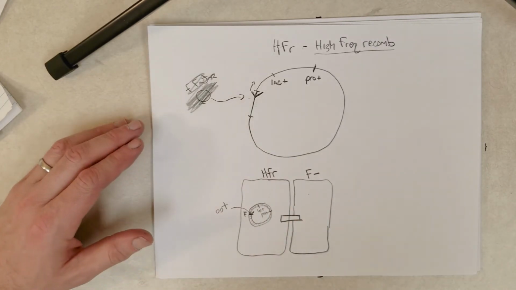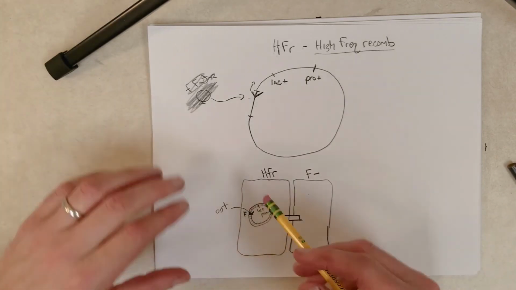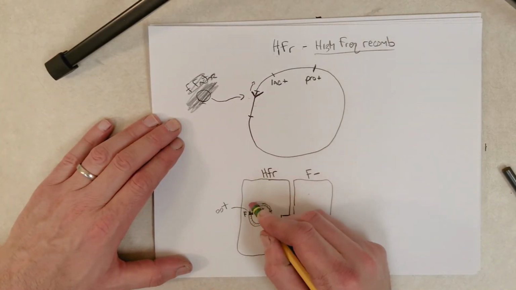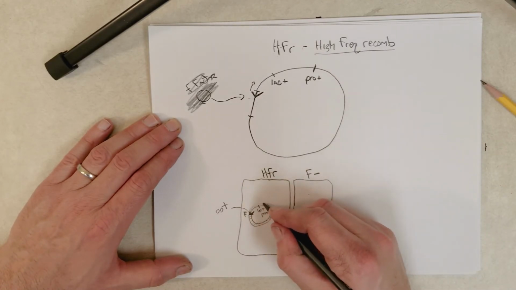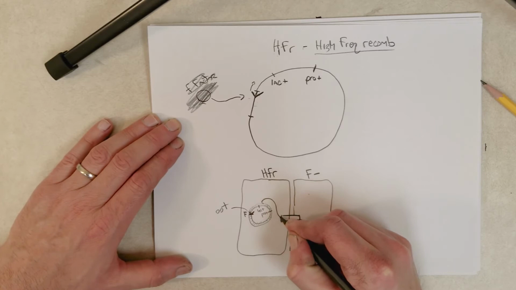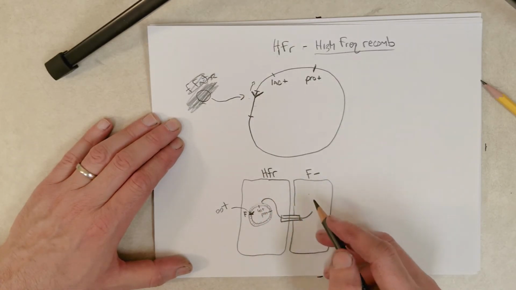We start transferring a single strand of the whole chromosome to the F- strain. So I make the nick here, proteins come in, they start unwinding and delivering this piece of DNA into the F- strain.